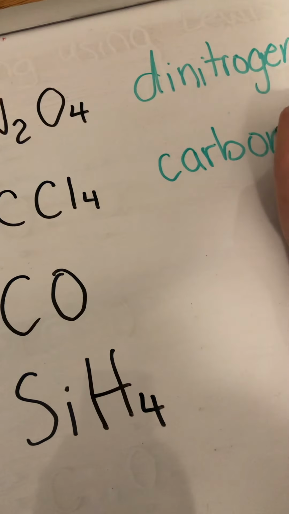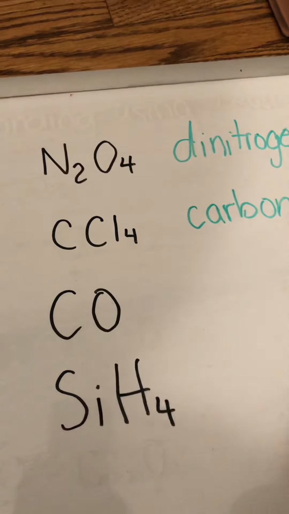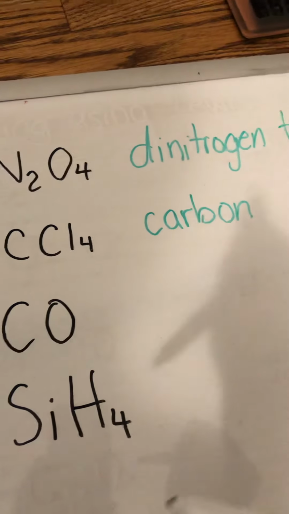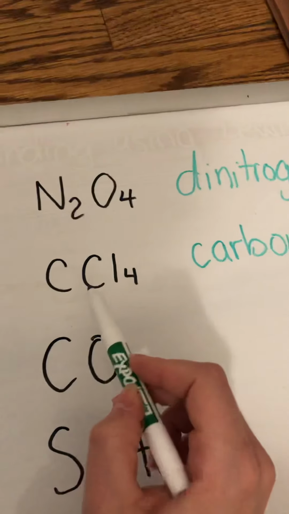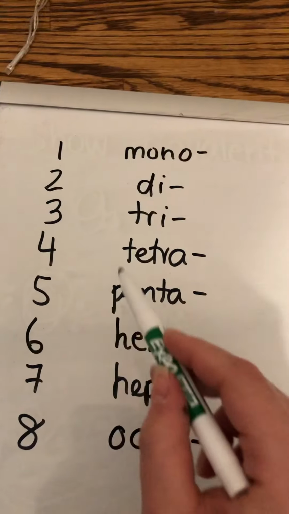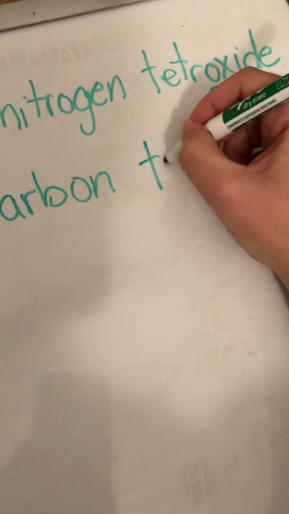We only use mono if the second element has 1 atom. So we'll do that for the next one. So we do carbon, and then we're going to do 4, which is tetra. And it is chloride.